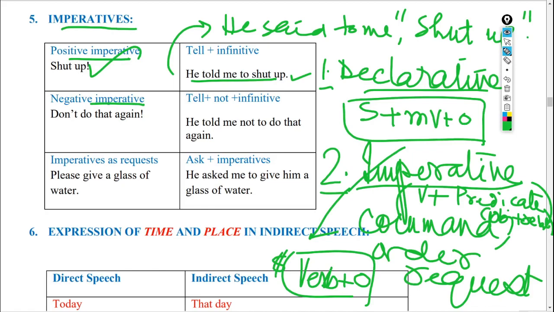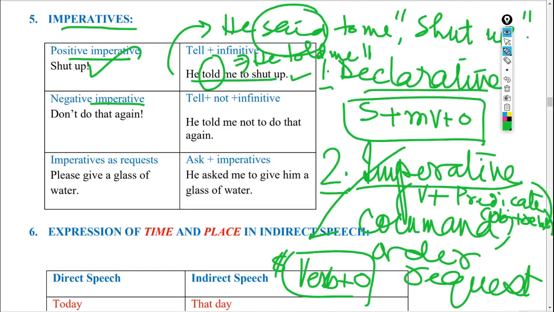Then what will we have to write here? You see, this said will have to be transformed into the verb according to the sense that is implied. And normally speaking, my dear children, as a general term you can use the word told. Therefore, he told me.